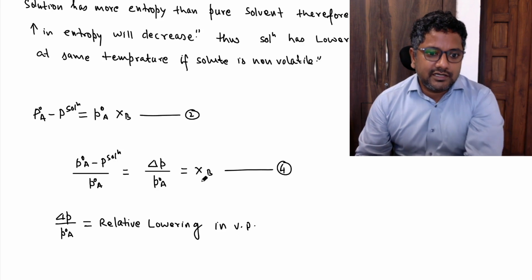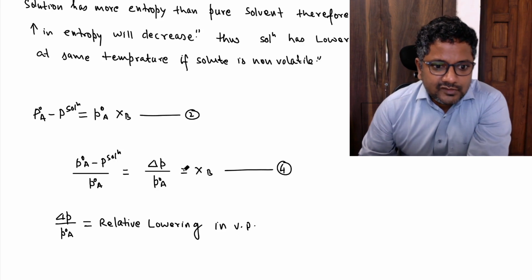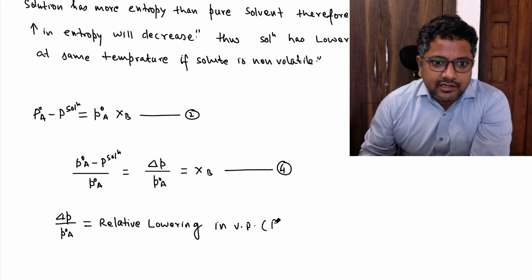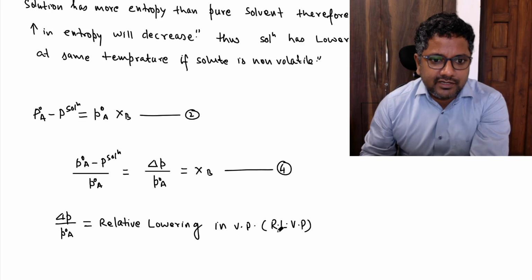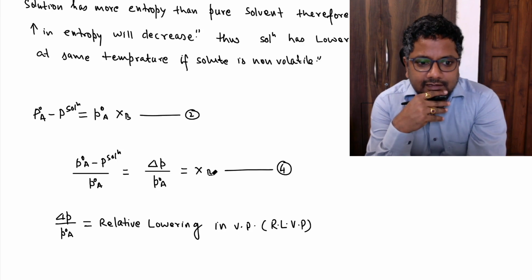This is the statement of Raoult's second law. So the relative lowering in vapor pressure, RLVP, we can abbreviate this, is equal to the mole fraction of non-volatile solute.